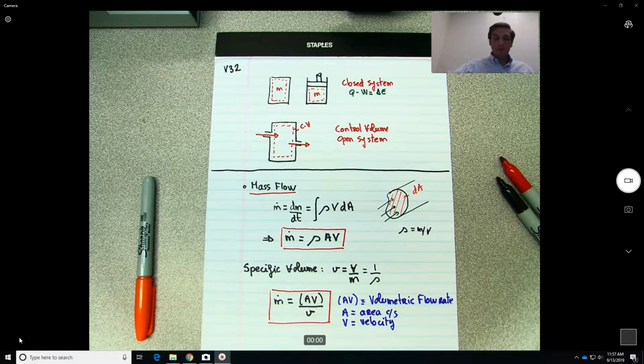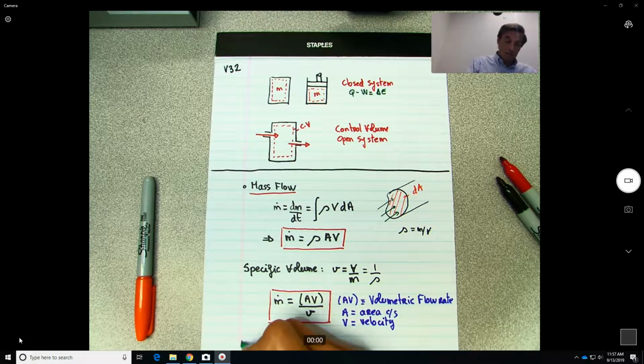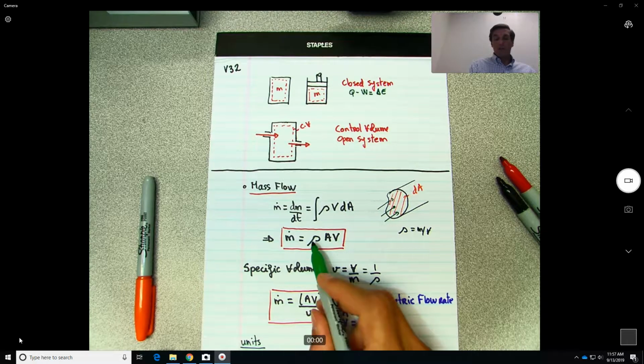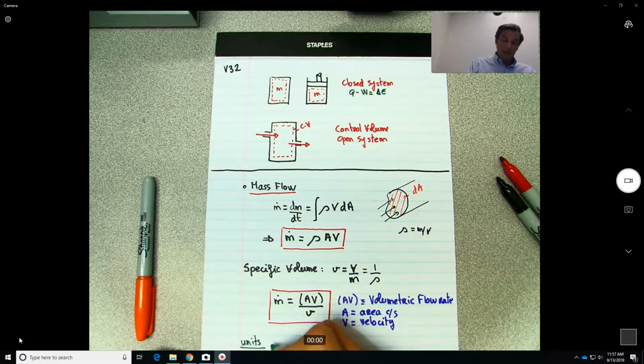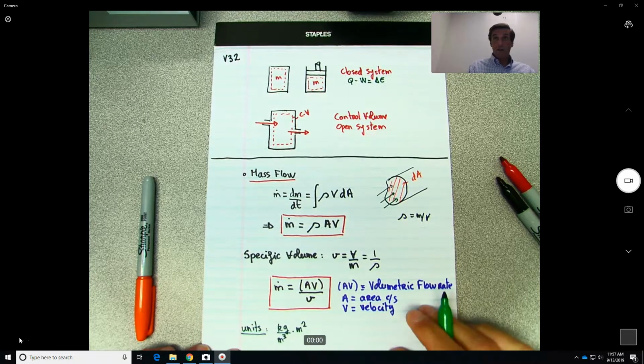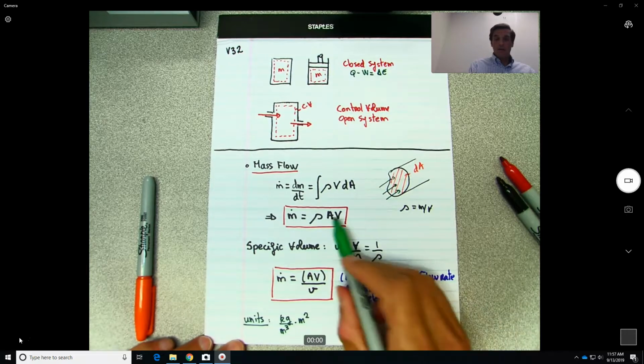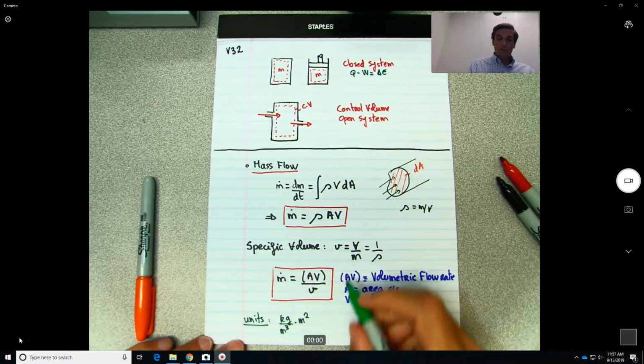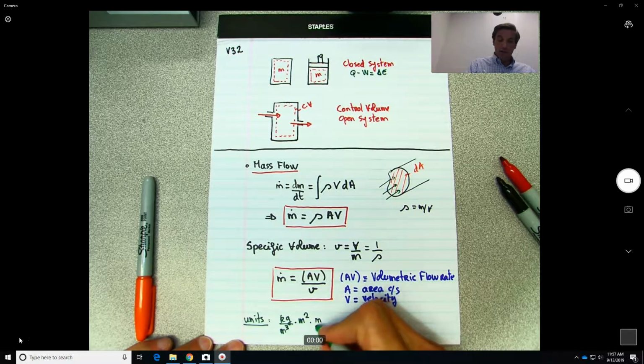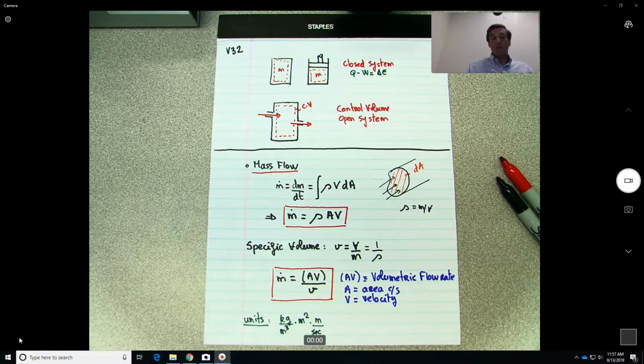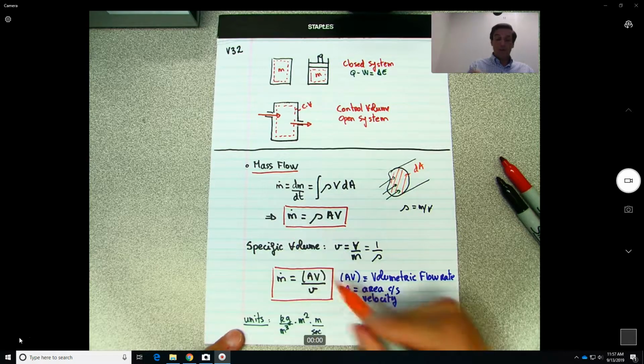So the units are what? If we look over here, it would be easier. It would be density in kilograms per cubic meter, times area in square meters, times velocity in meters per second. As expected, what should be the units for this, which is mass per unit time?